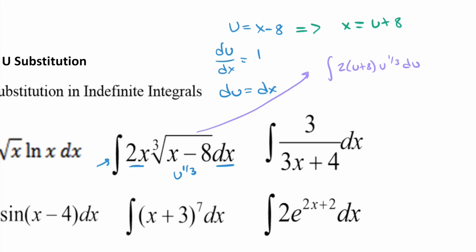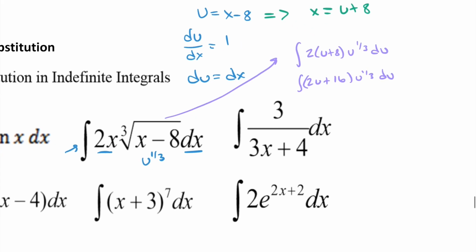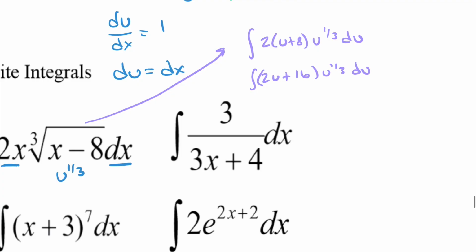We're going to distribute, we'll get 2u plus 16 times u to the 1/3 du. Distribute again. We're going to get 2u to the 4/3 plus 16u to the 1/3 du.